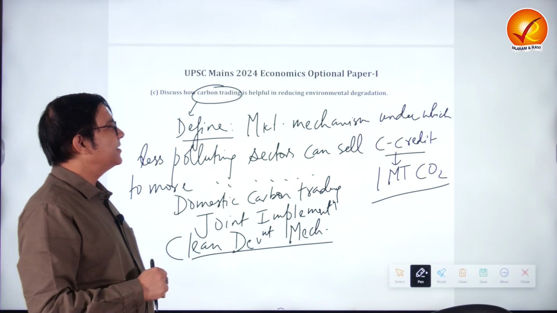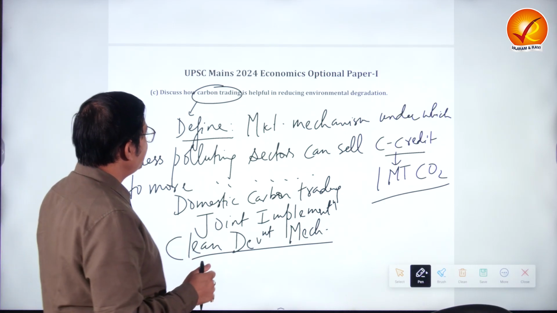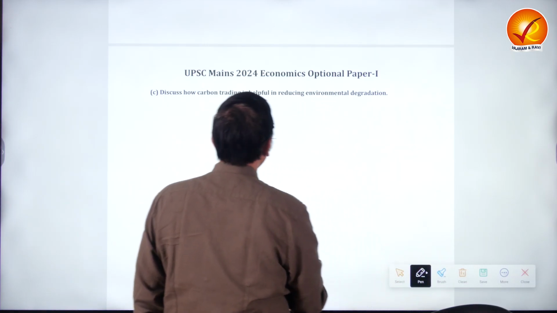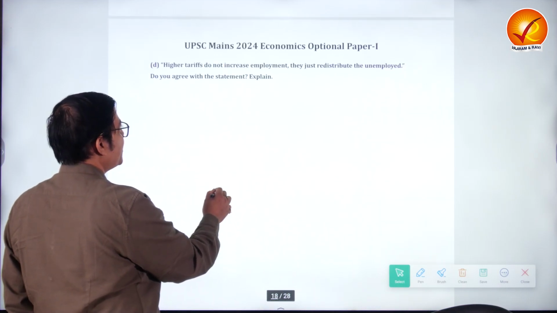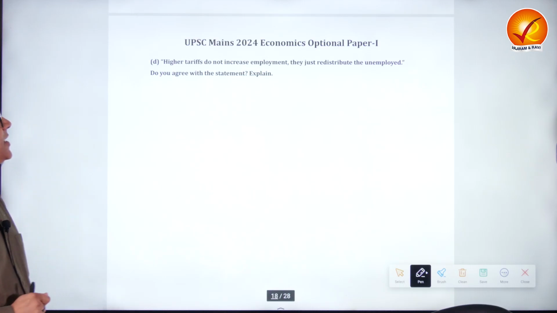So I think this much should be enough on the 10 marks. Although most of the times we would expect on something like carbon credit a question like critical appraisal, because there are a number of criticisms also that you can give. Why so far it has not been so successful?